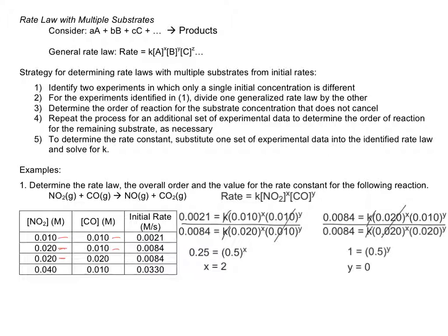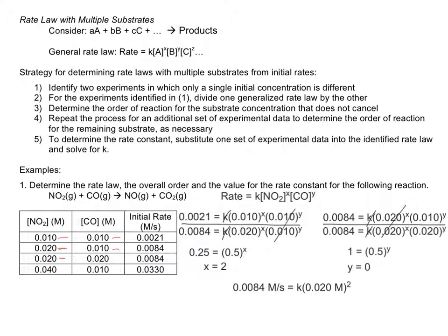Now, just like we did on the previous slide, you can go back and plug in the x and your y to any of the equations you've used. So let's just use the one we have here. 0.0084 is equal to K times 0.020 molar squared times 0.010 to the 0. So that's going to cancel out. Okay.